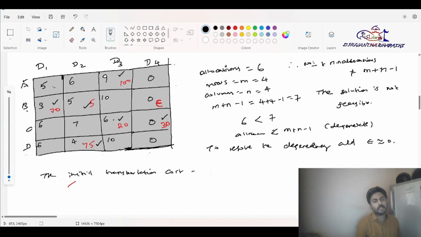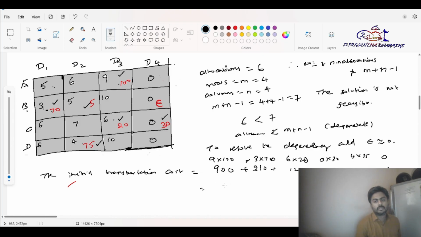The initial transportation cost is given by 9 into 100 is 900, plus 3 into 70 is 210, plus 6 into 20 is 120, then 0 into 30 is 0, 4 into 75 is 300, then 0 into epsilon is 0.